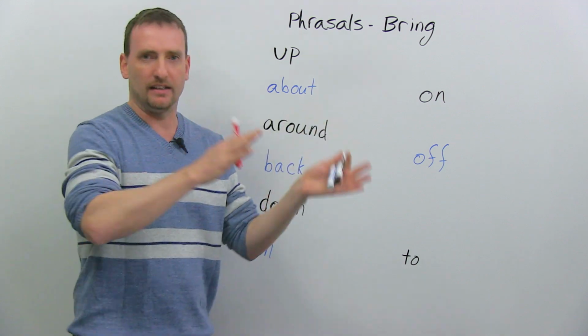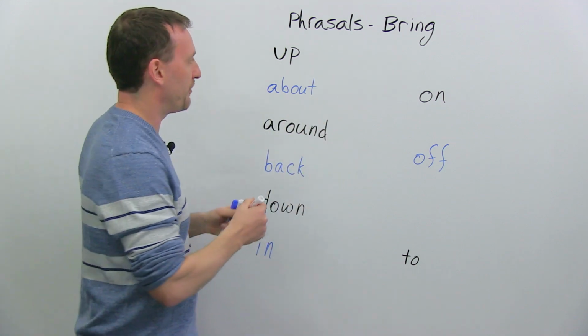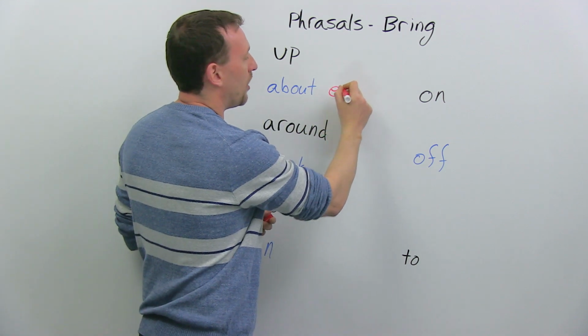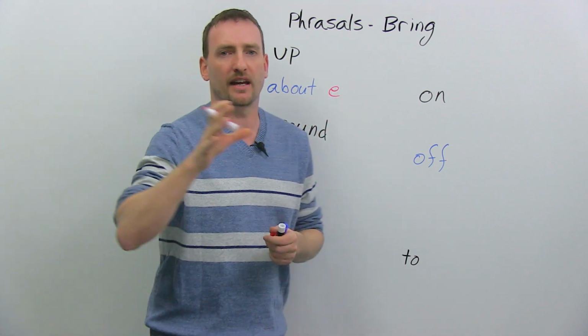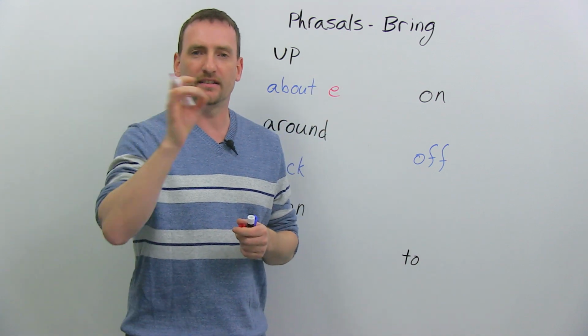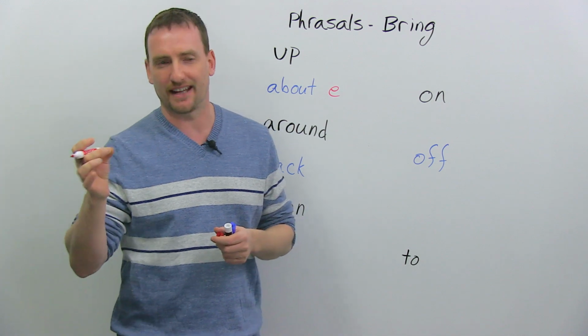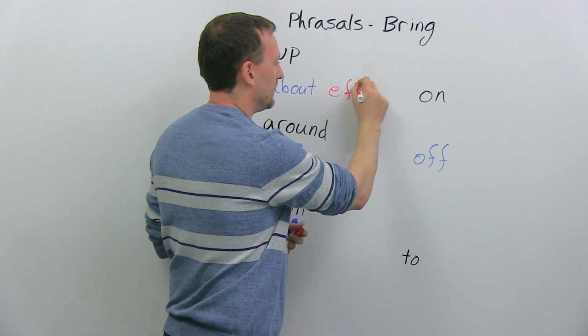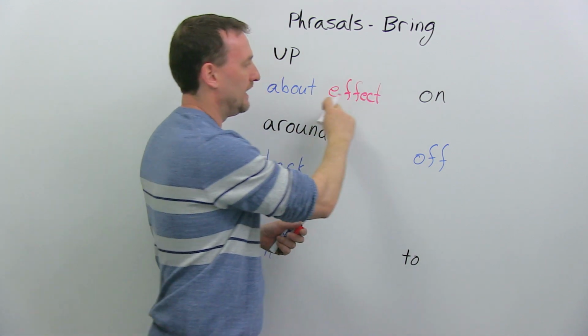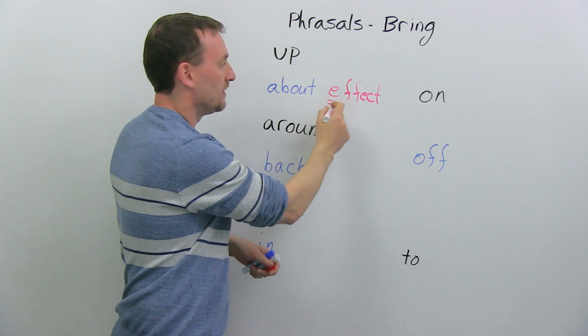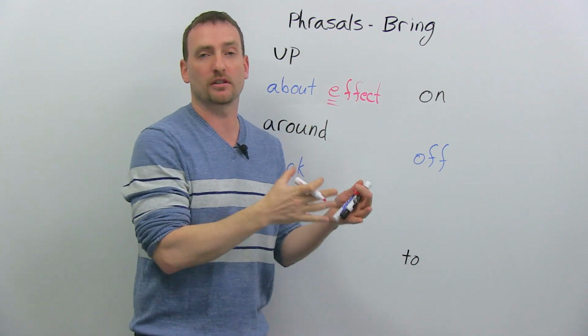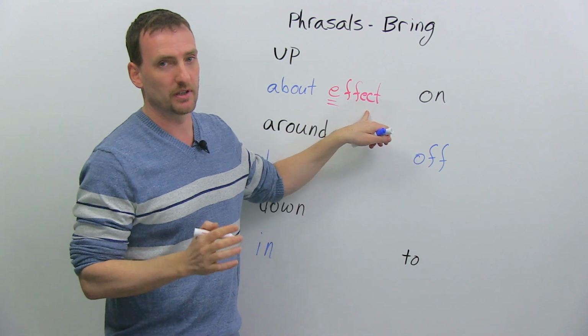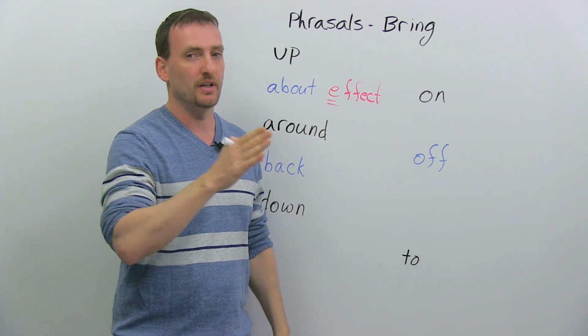Now, a little side note, not really anything to do with phrasals, but I know all of you think of the words effect and affect. A is the verb, E is the noun, but effect with an E is the same as bring about, means cause to happen. This is a verb. So E can be a verb and a noun.